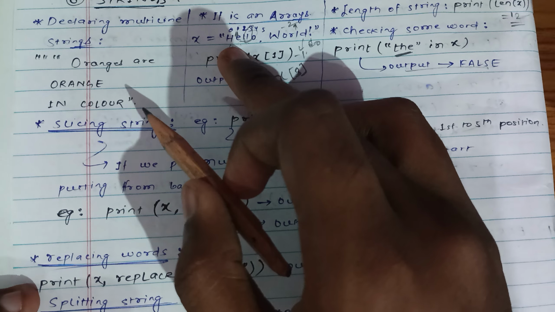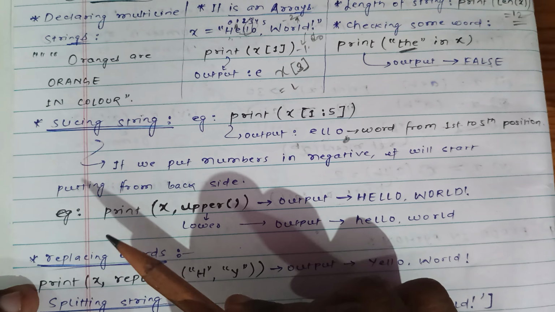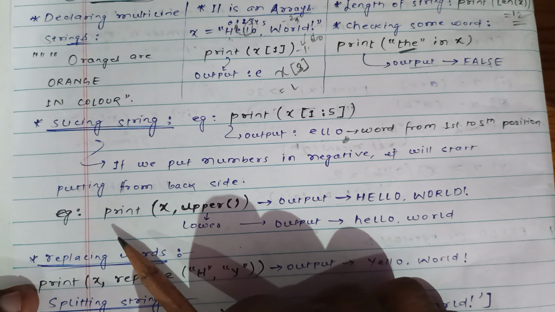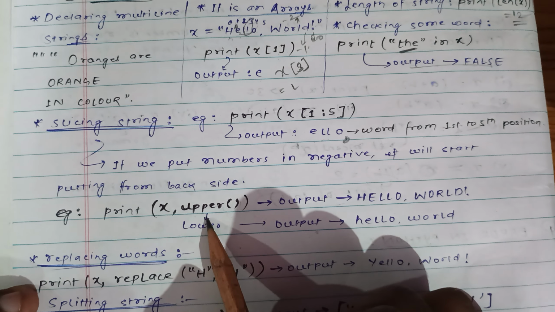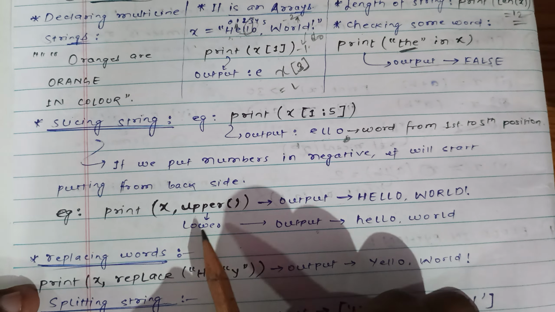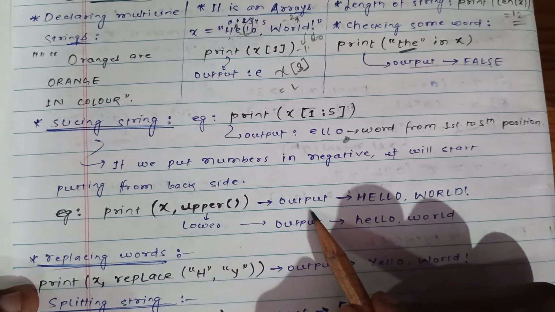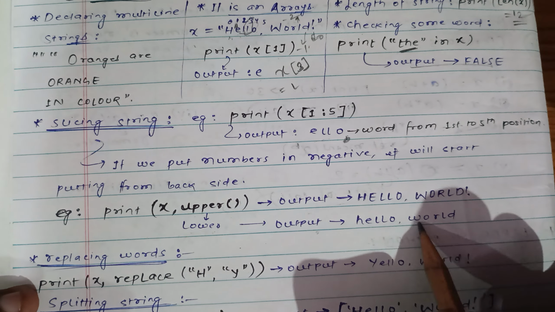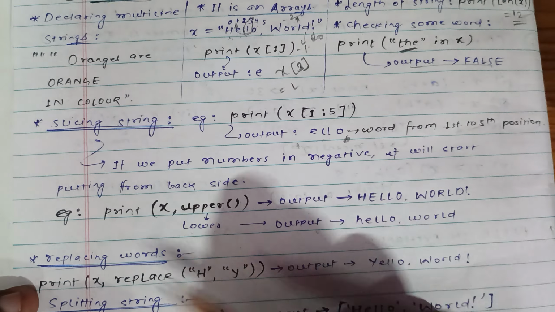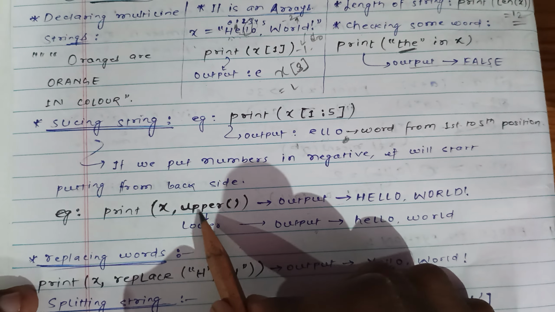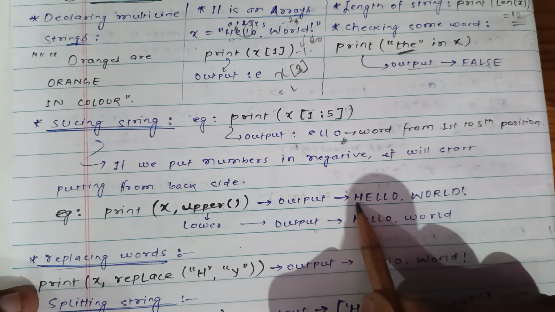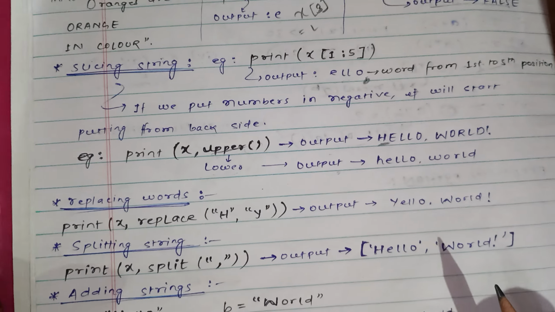If we want to make it a small letter, then simply we just have to use one function that is predefined in Python, that is print x.lower(). If you put lower, the output will be hello world in small letters. In case we have written in small letters and we put the upper function, then it will change to capital letters. Okay, that's all.